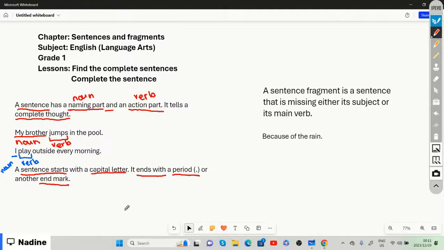Another end mark can either be an exclamation mark or a question mark. A question mark is when we ask a question, like what, when, where, how. An exclamation is when we are stressing a point or showing surprise, and that is when we use the exclamation mark.